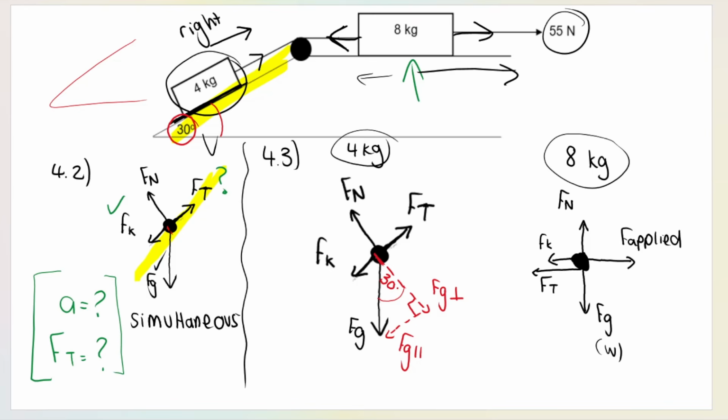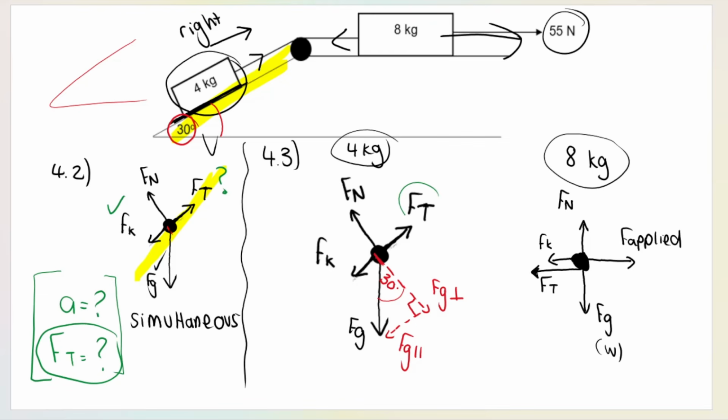Remember we discussed earlier how although the box is being pulled by an applied force to the right, it's connected by a string to this other box. And that string is kind of tugging the 8 kilogram box to the left a little bit. You know, it's like dragging it back a little bit. That's why tension is to the left. Ft for tension.